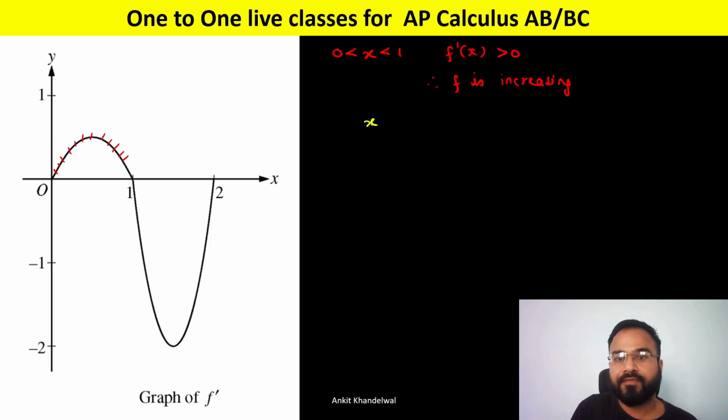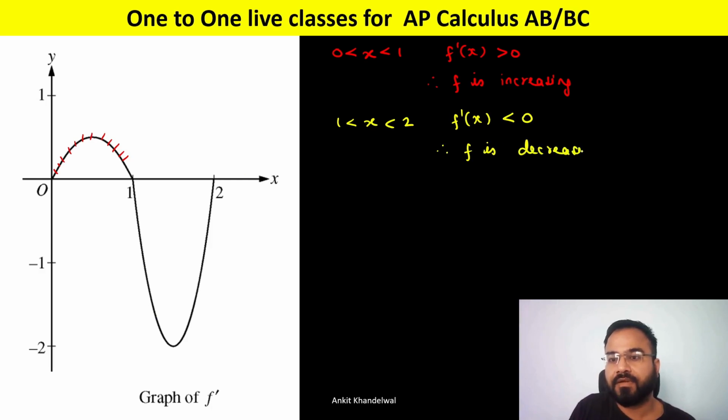And from 1 to 2 you can see that f dash is less than 0 because the graph is lying below the x-axis. What does it indicate? That f is decreasing. So at the 1, f dash x is 0, and before 1 the graph was increasing, after 1 the graph was decreasing.